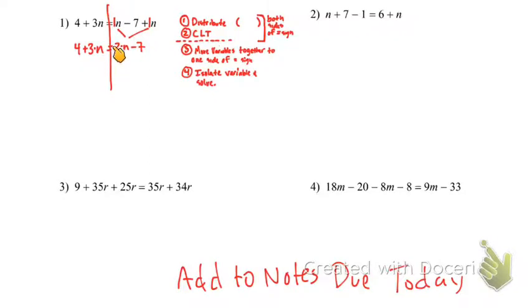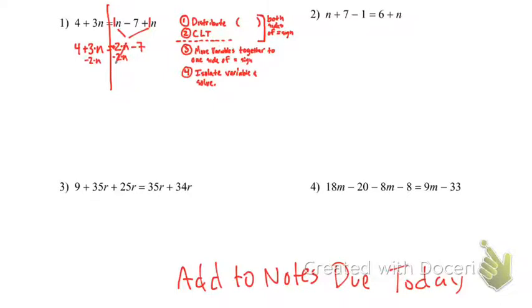So if you notice, it's positive 2n, or adding 2n. To move the 2n over to the other side of the equal sign, we do the opposite of adding 2n. It was adding 2n, but now we're going to subtract 2n. And what you do to one side, you do to the other.